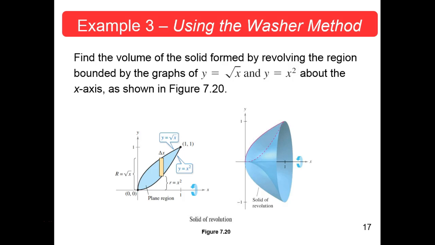Now, believe it or not, the square root of x between 0 and 1 is greater than x squared. Because when you square a number less than 1, you make a smaller number. When you take the square root of a number less than 1, you make a bigger number. So this is like this.